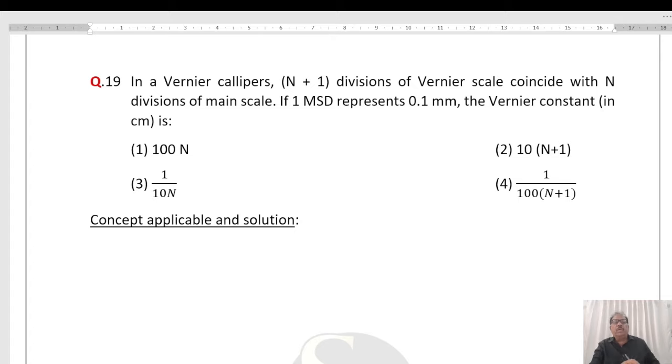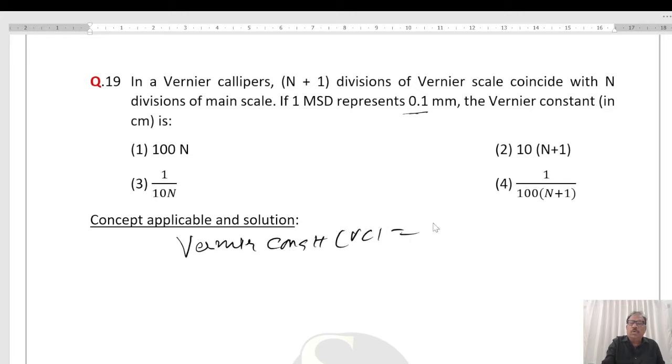Question is, in vernier calipers, n plus 1 divisions of the vernier scale coincide with n divisions of the main scale. If 1 MSD represents 0.1 mm, then the vernier constant in centimeter is? Vernier constant, VC or least count, same, right?